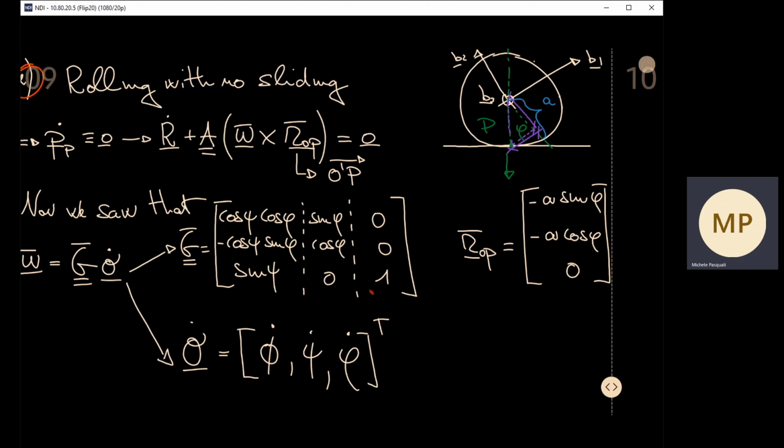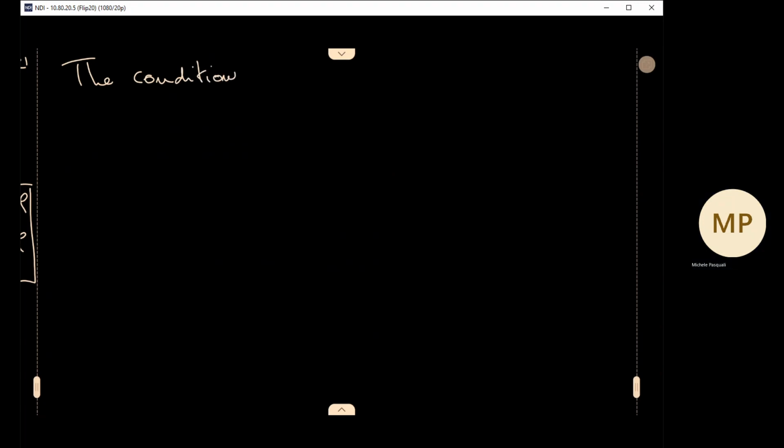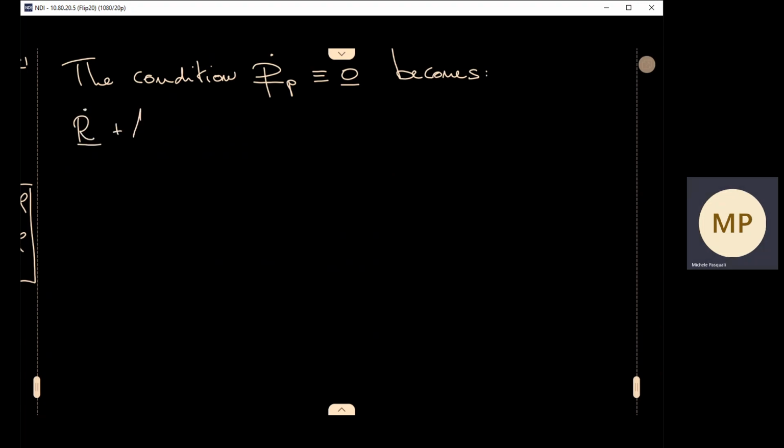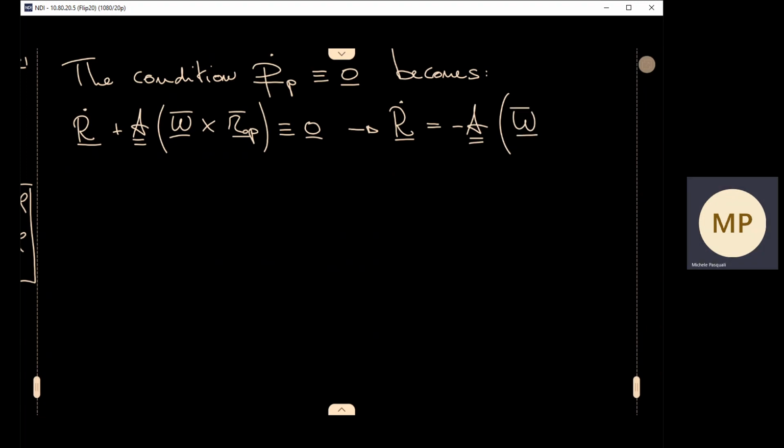Now let's finally write our condition. The condition P dot equal to 0 becomes again R dot plus A applied over omega vector product R0P, and therefore from here we can write R dot equal to minus A applied over omega vector product R0P.